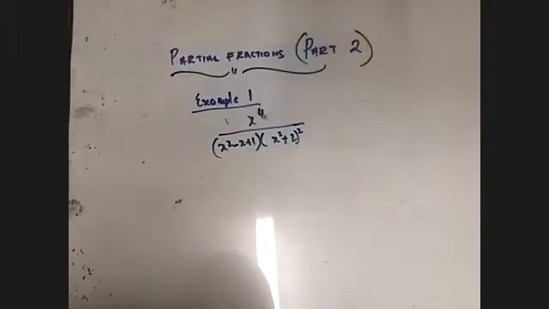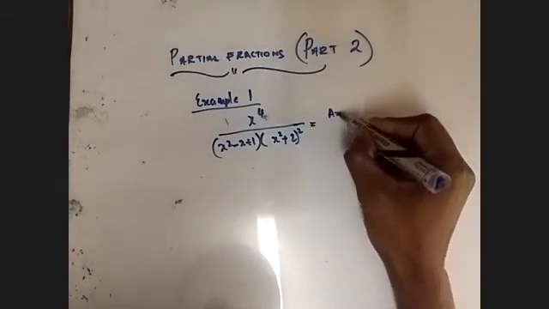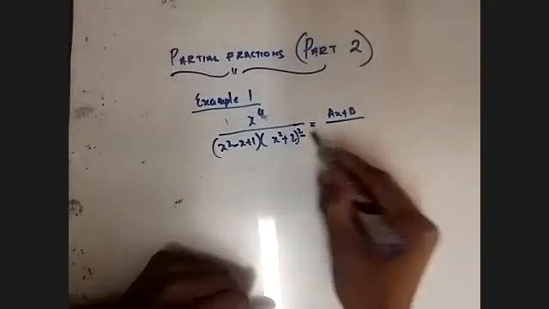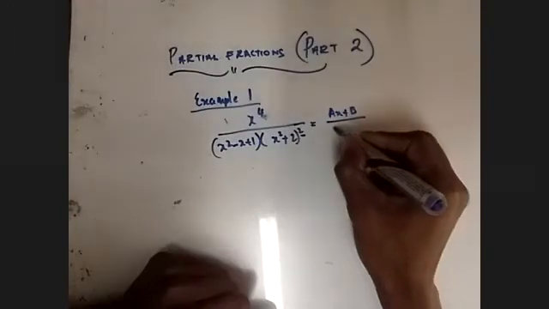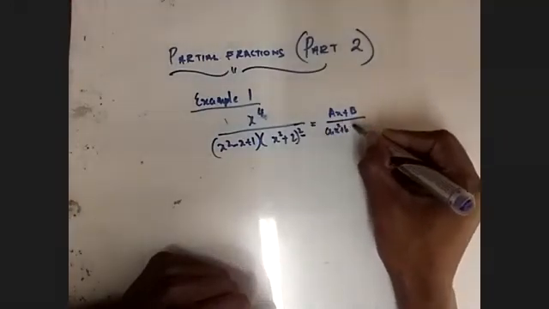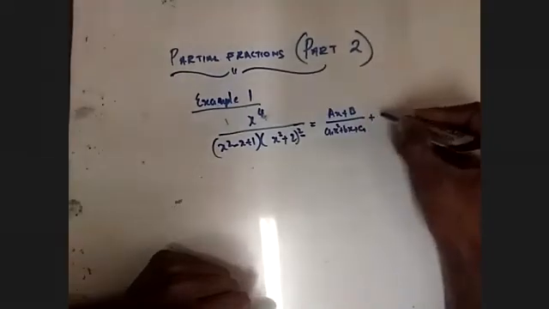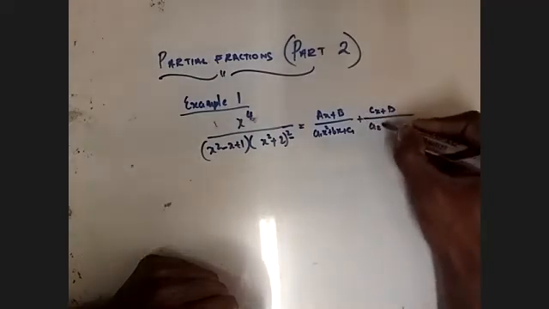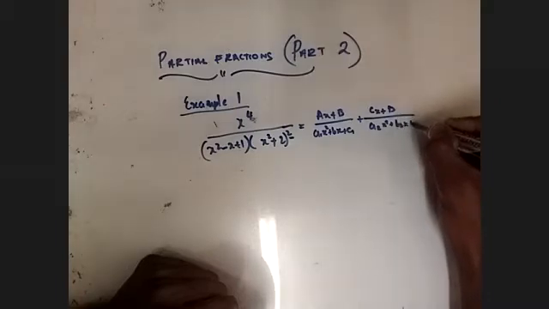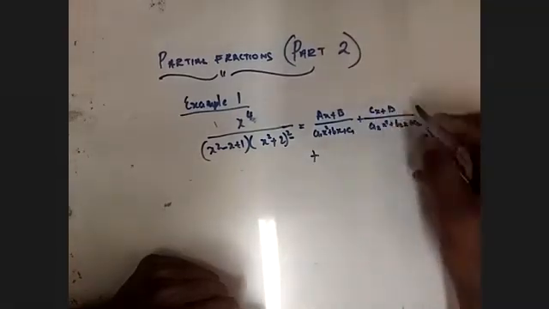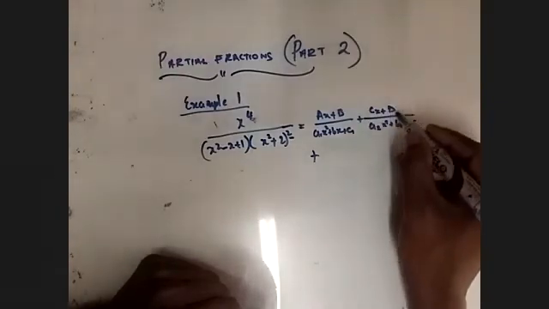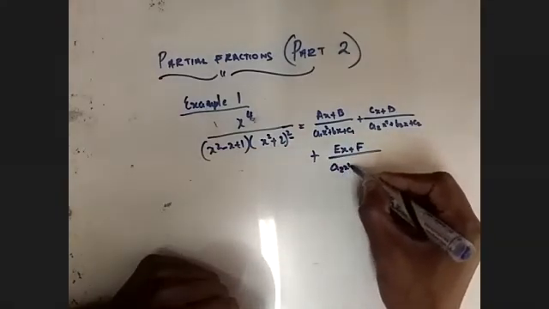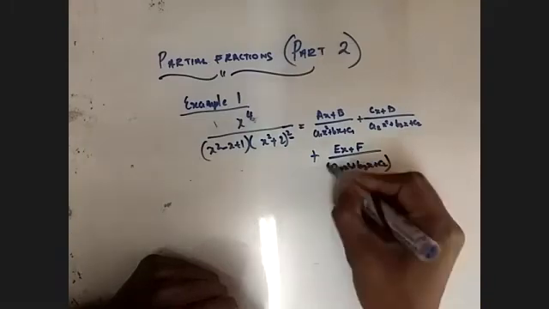They want you to write this in the form of ax plus b all over, and in this case you've got repetition because of this square. So the first part is going to be something like a1 x plus b1 over x squared plus c1, and then the second part is given by cx plus d all over a2 x squared plus b2 x plus c2, and then there's going to be another term, ex plus f all over a2 x squared plus b2 x plus c2, but this time it's going to be squared.